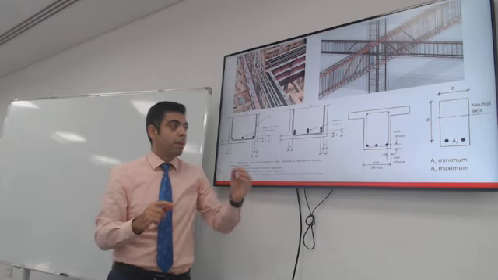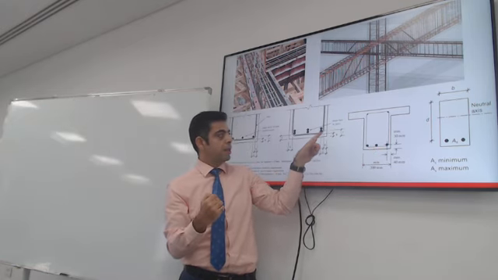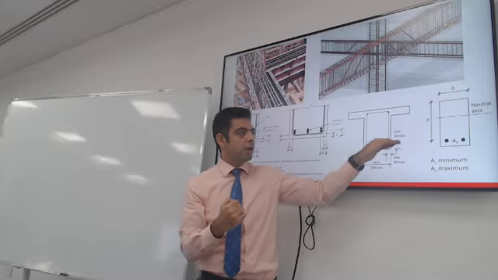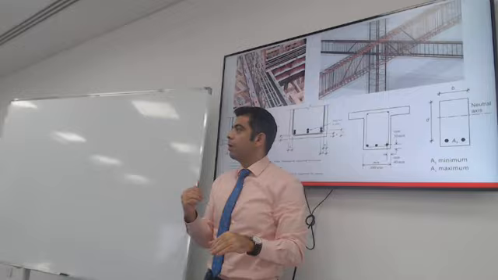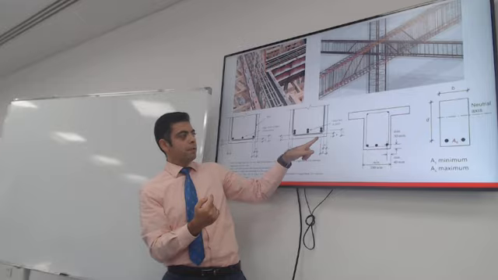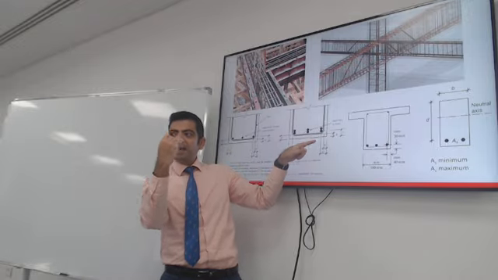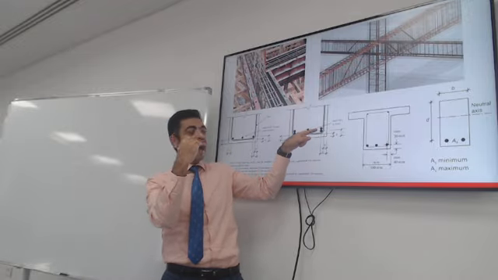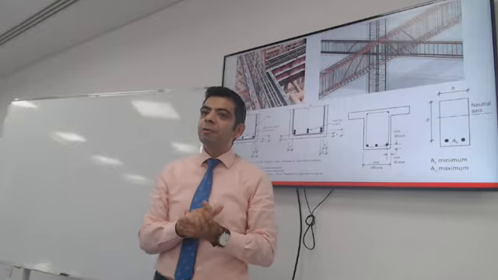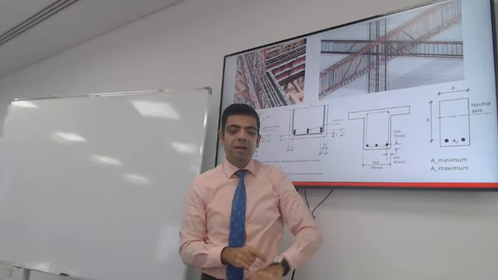Minus the cover. But remember, the cover is the underside of the bar. You just need to add it to the center line of the rebar. So I will consider the distance from the very bottom of the beam to the underside of the stirrup, then add the thickness of the stirrup, and then half the bar diameter to get the middle of the reinforcement area. This is how we find d. That's the first number that we will use.